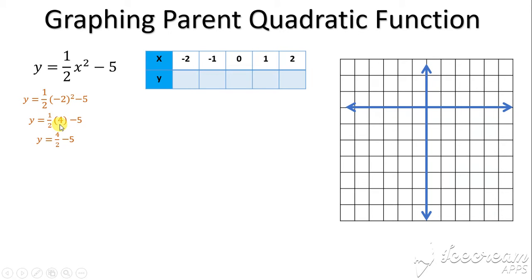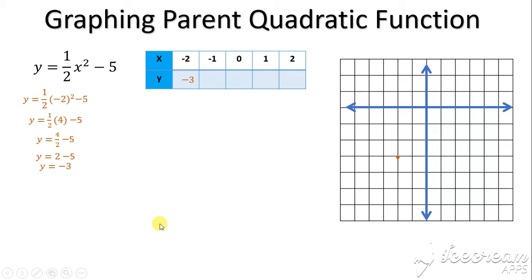So you're going to have 4 over 2, and 4 over 2 is 2. So I'm going to have 2 minus 5. And how much is 2 minus 5? It is -3. So I'm going to place this value I find on the chart, and also I'm going to graph it. My point will be on here.